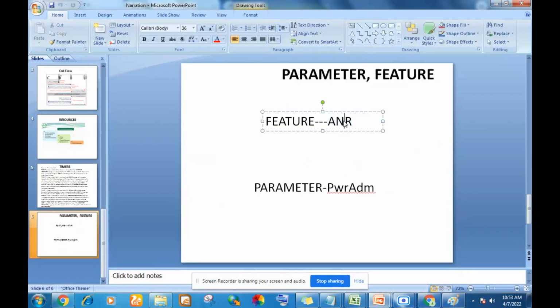For instance, I gave you this automatic neighbor relations, an Ericsson feature, and these features vary from vendor to vendor. This is an Ericsson feature that will automatically make a 3G site add a neighbor based on some set measurements it makes.